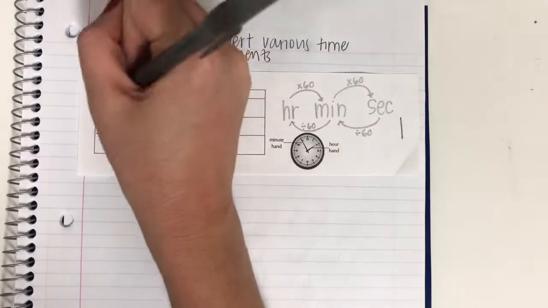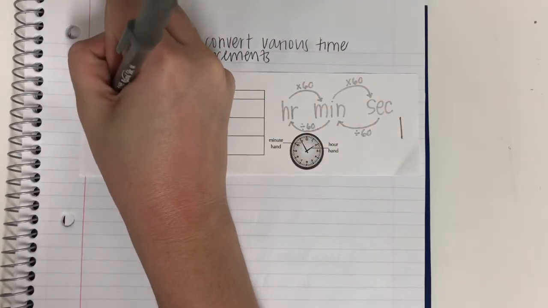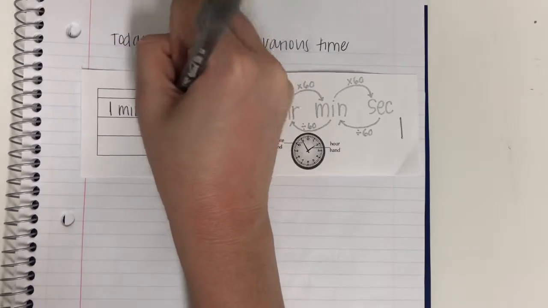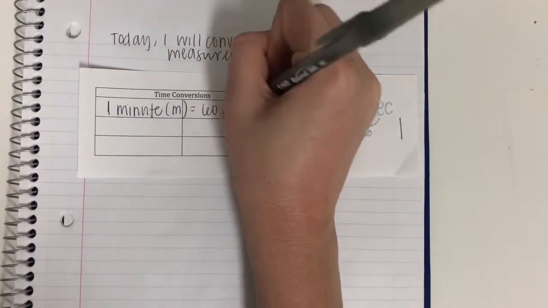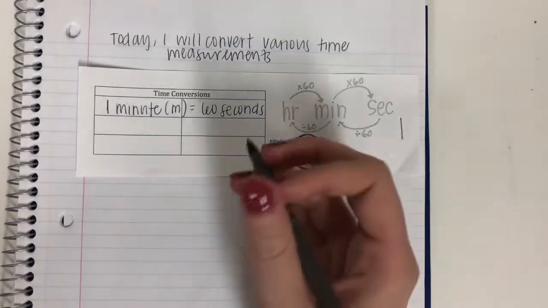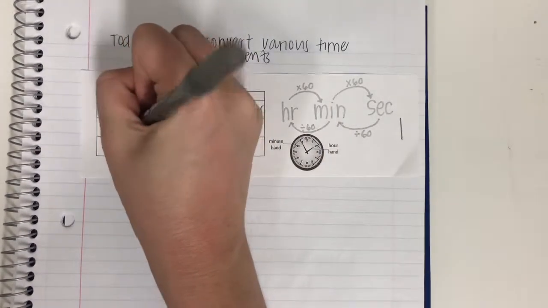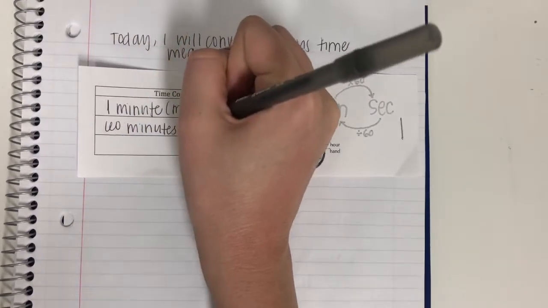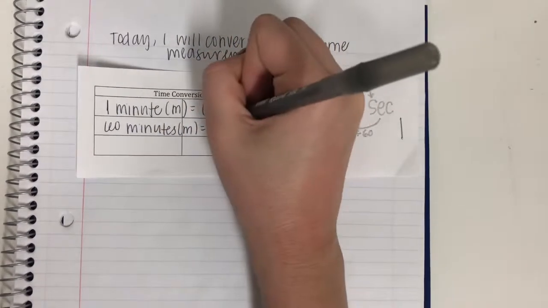So in 1 minute, there are 60 seconds. In 60 minutes, there is 1 hour.